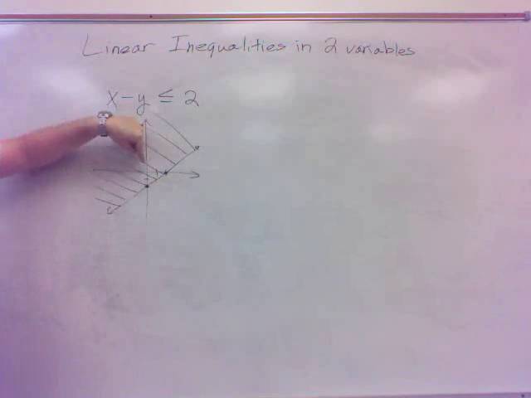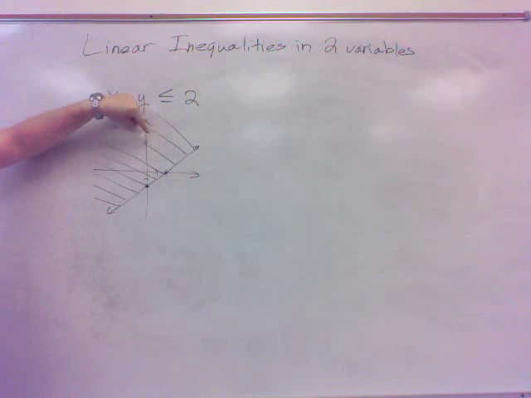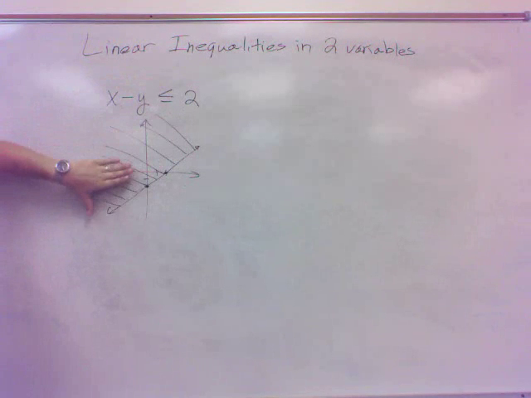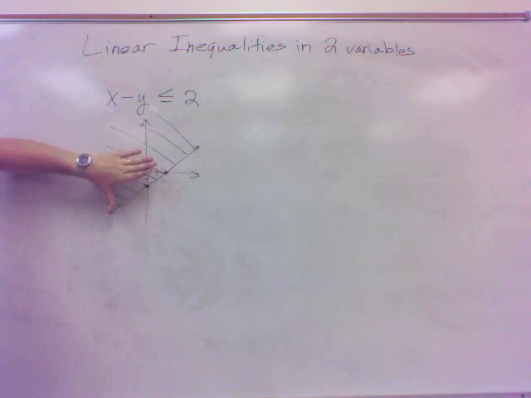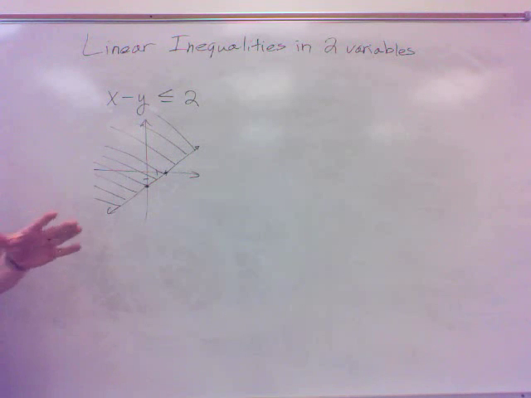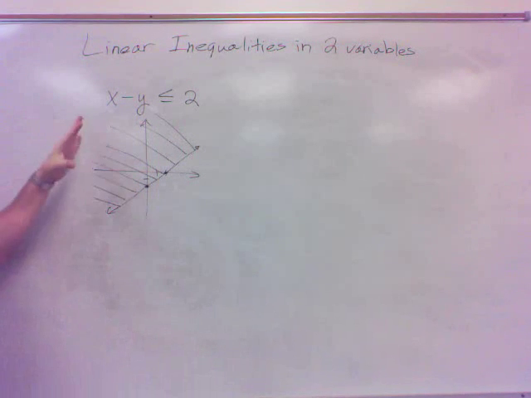You know, 0, 0 works, it's not on the line, 1, 1, 2, 5, all these points and all these points down here, anything above that line works. So that's what the inequality part adds. You have a line, but then you have the shading as well. So that's what the graphs of these will wind up looking like. Okay?